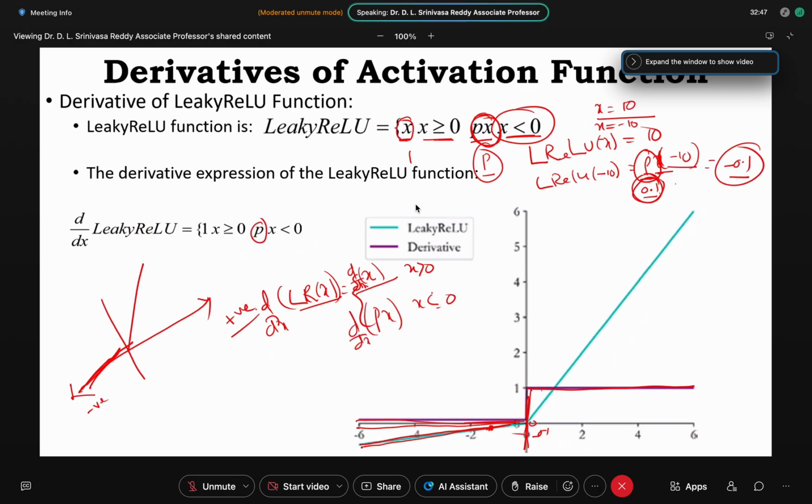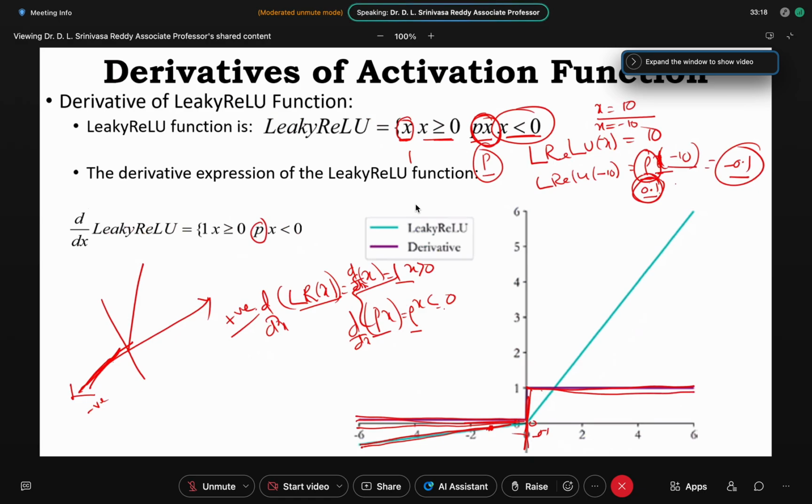It becomes 1 for the positive part, and it is equal to rho for the negative part. All of you know this: the derivative of x itself is 1. So for the negative part you have to take a small deviation, whatever value you took for rho, and for the positive part the derivative is always 1.